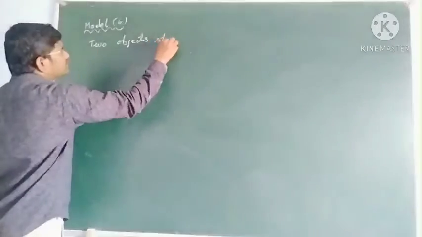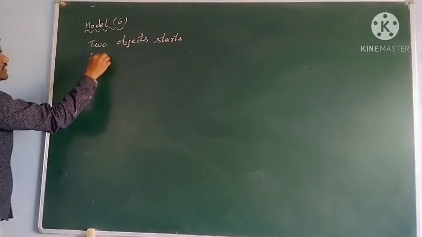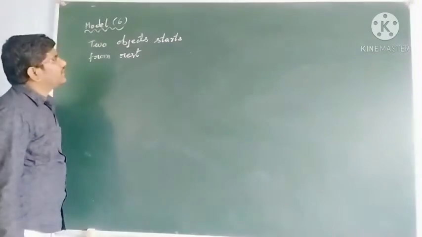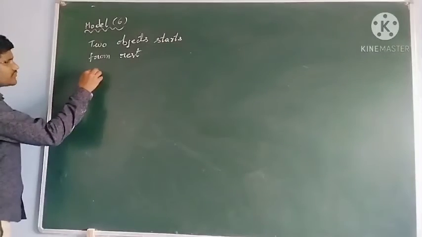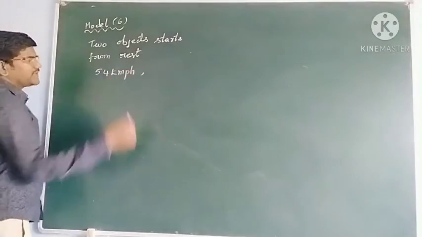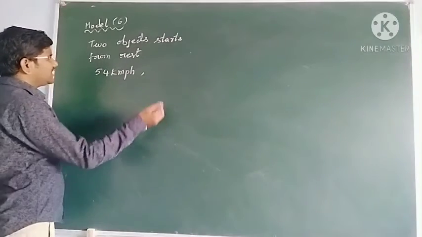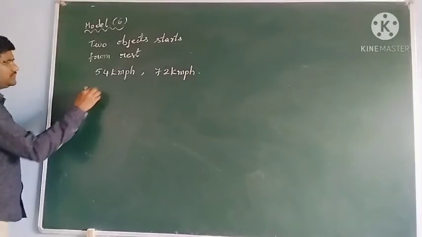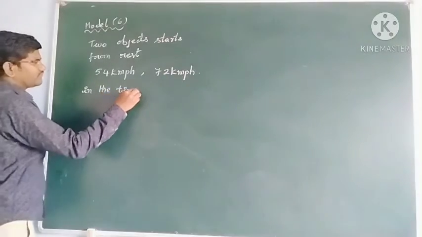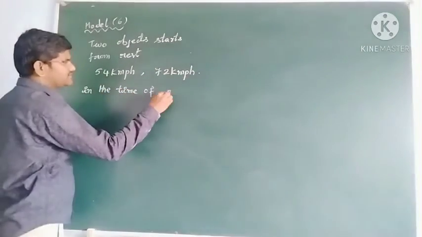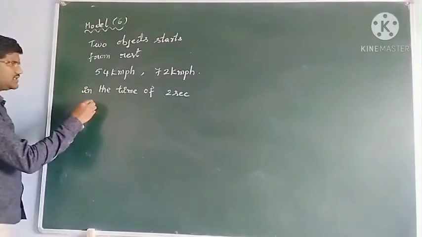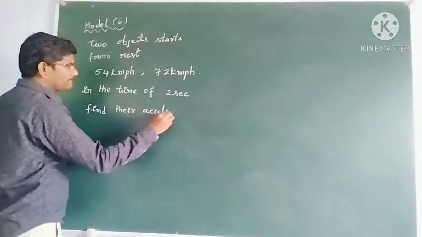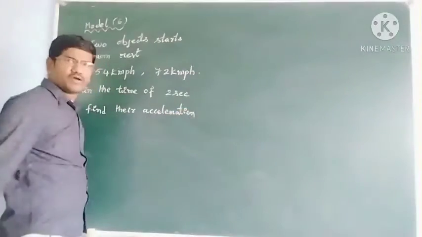The first object gained a velocity of 54 kmph, and the next object gained a velocity of 72 kmph in the time of 2 seconds. So find their accelerations.